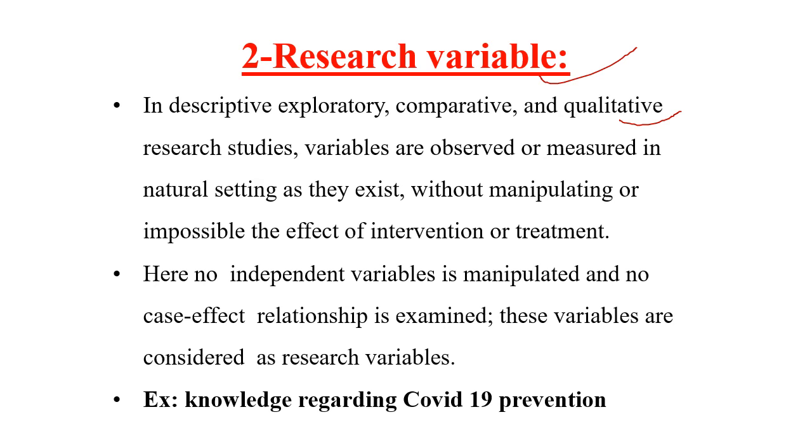Only one variable will be there, not showing any kind of relationship, and no intervention or treatment manipulation is going to be present. That we consider as a research variable. It can be seen in studies like descriptive, exploratory, comparative.